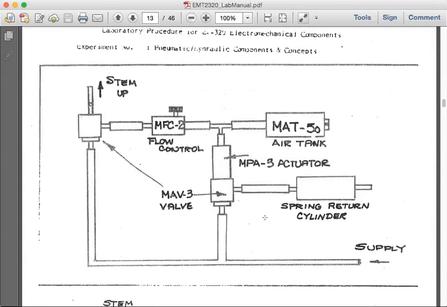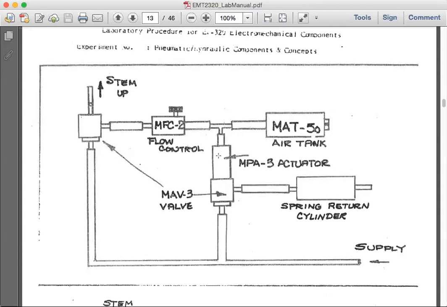So stage number 2, we press down the stem, pressure enters freely against the flow control. So the flow control doesn't control the pressure. Pressure enters this part of the system, splits into the air tank and the actuator. Once it reaches about 20 psi, the actuator activates, but the pressure, of course, continues to build up until it is 40 psi, which is the pressure coming from the supply that we set on the gauge.